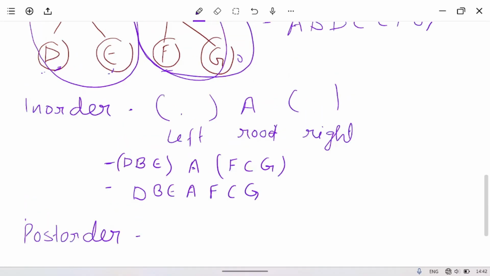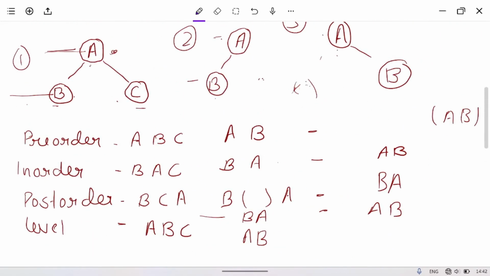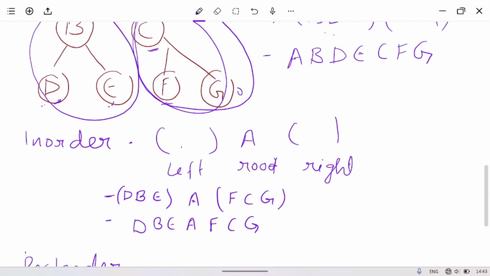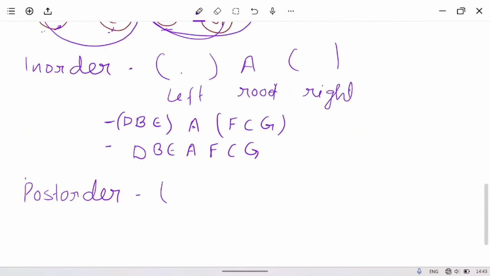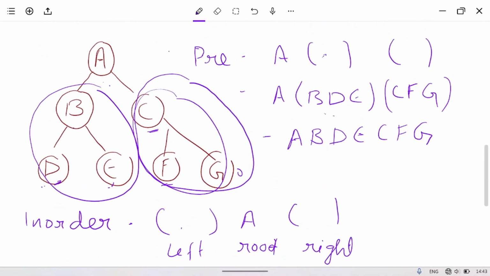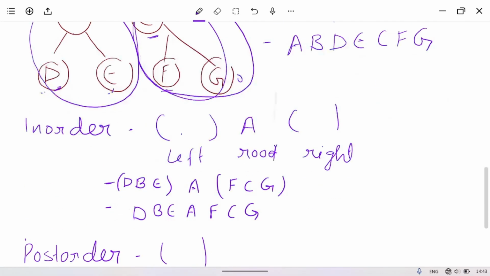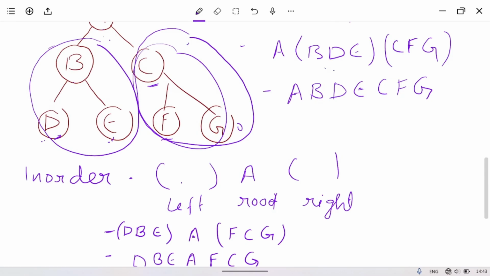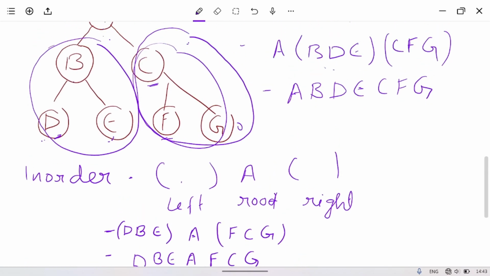Okay, post order traversal, what definition have we seen? The definition we have seen is left, right, then visit node. I am keeping here left subtree, this is left subtree, and right subtree, this is node. Left, right, then visit node A.